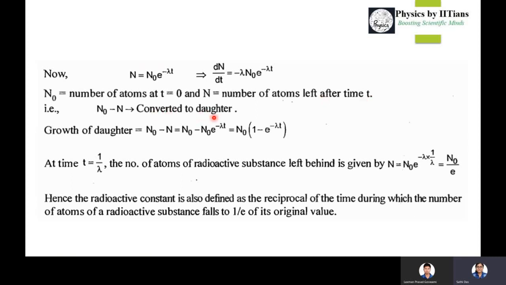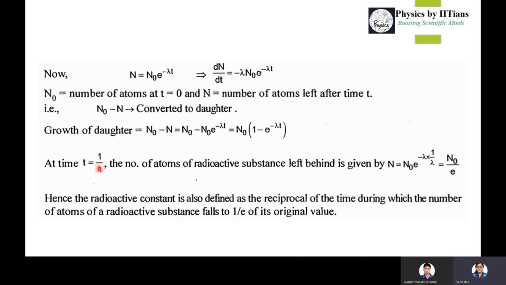The total conversion from parent to daughter nuclei is n0 minus n. And the growth of the daughter, that is n0 minus n, can be written as n0 minus n0 e to the power minus lambda t, or n0 into 1 minus e to the power minus lambda t. Now we should define some parameters.